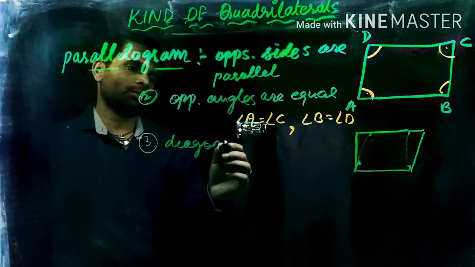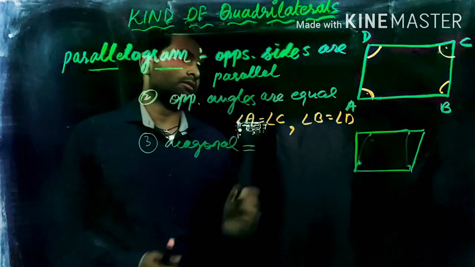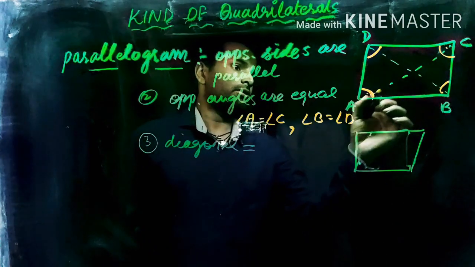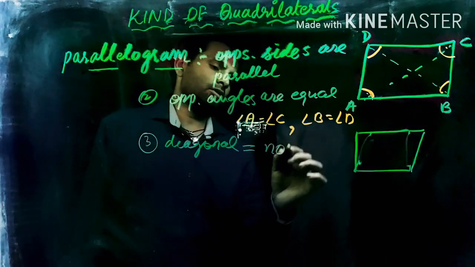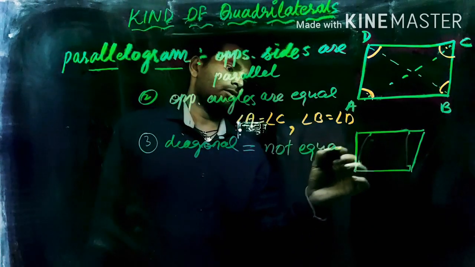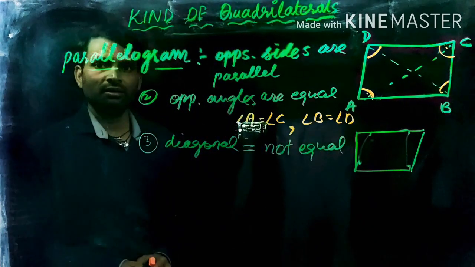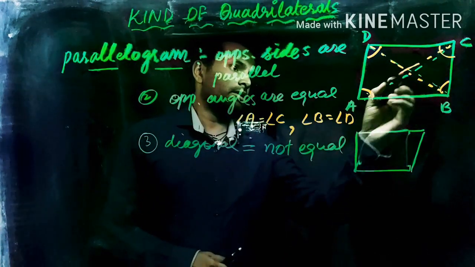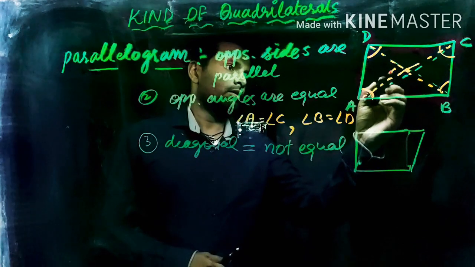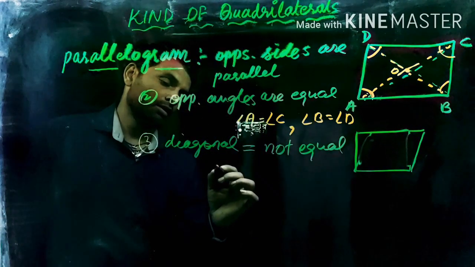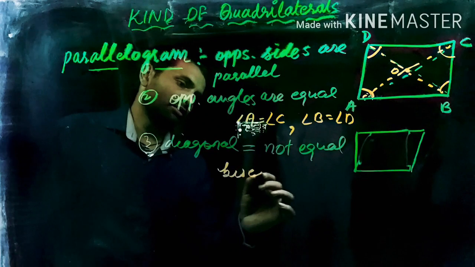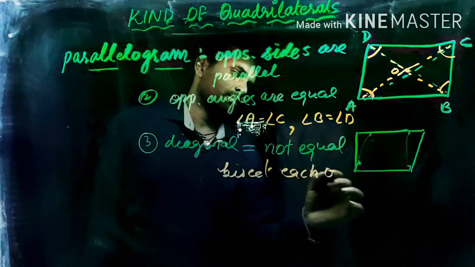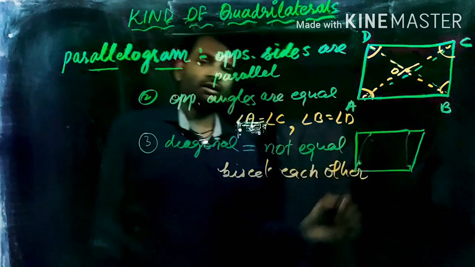The third topic is diagonals. The diagonals are not equal, but they bisect each other.